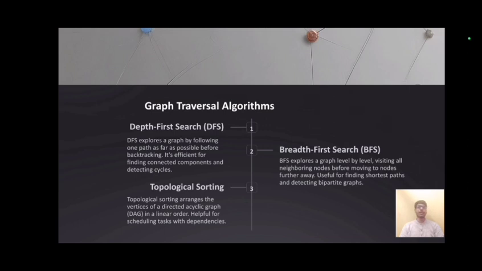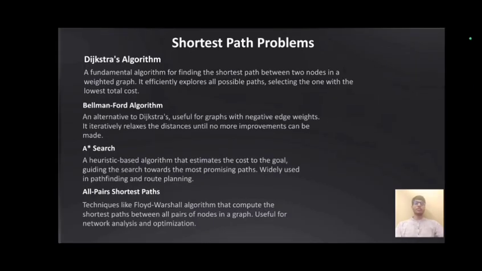BFS explores a graph by level, visiting all neighboring nodes before moving to nodes further away. Useful for finding shortest path and detecting bipartite graphs. Topological sorting. Topological sorting arranges the vertices of a directed acyclic graph in a linear order, helpful for scheduling tasks with dependencies.